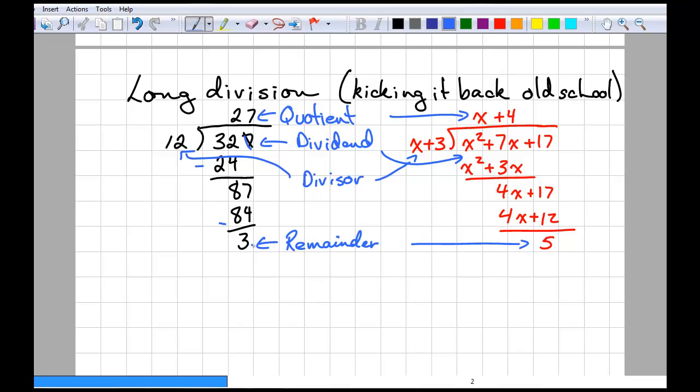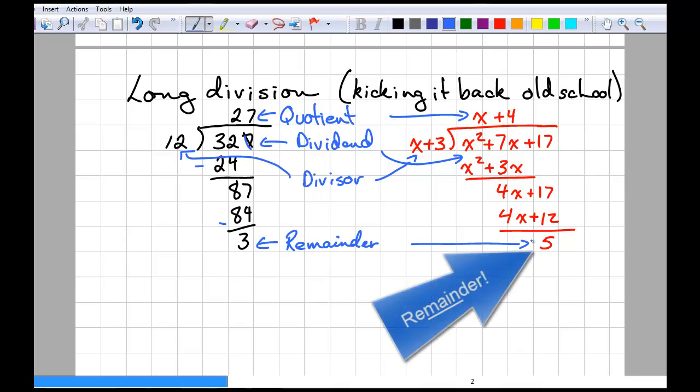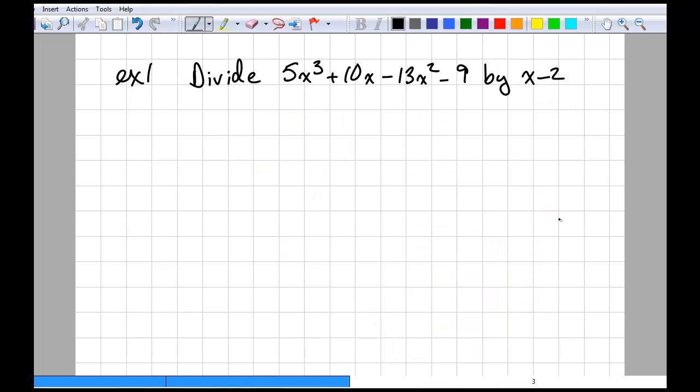On the right in red, we've got polynomial long division with the same content. We've got a dividend, a divisor, a quotient, and a remainder. And first we're going to look at how we do long division with polynomials. So in our first example, we're going to divide 5x cubed plus 10x minus 13x squared minus 9 by x minus 2.